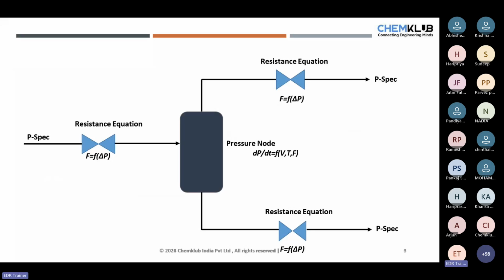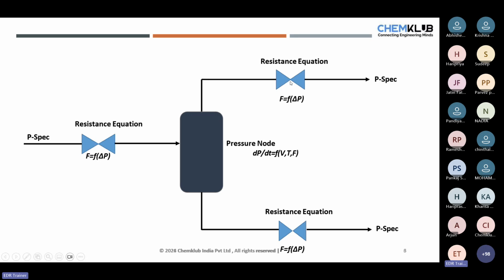So this picture can give you more detailed information about this. The central idea is that flow depends on the pressure difference. So if you are having a pressure drop, it will be in the first valve, in the second valve, in the third valve, and because there is a gap of pressure that we have already specified at the battery limit of this node, the pressure is higher on this side.